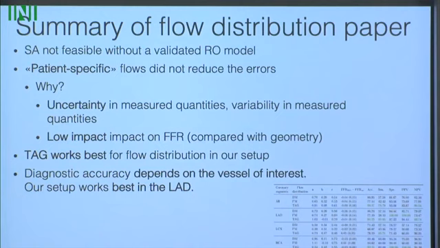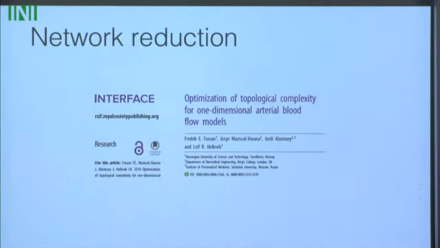But due to the many uncertainties in the way you post-process those invasive patient-specific measurements, it turns out not to improve it. Right, so that's the take-home message from that paper.